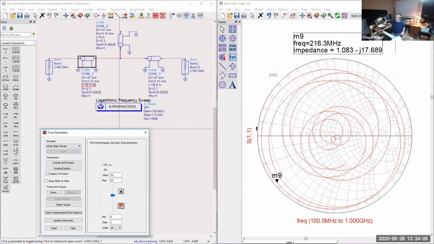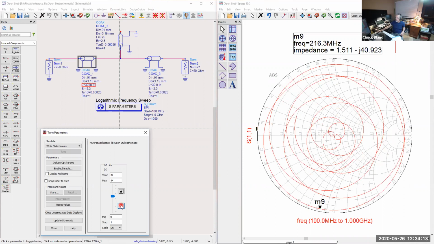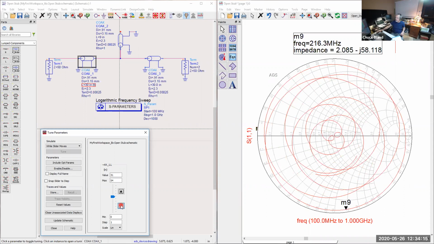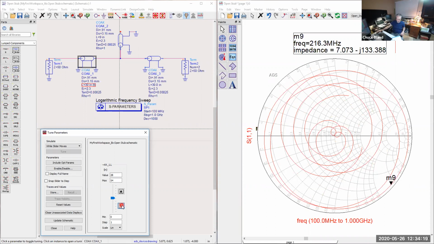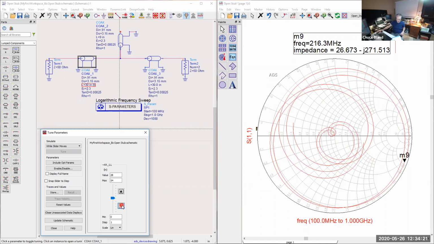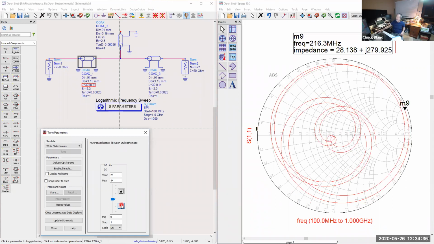Our reactance is going to be less than 0, and we can see on the marker that it certainly is. Until we get to the odd point, we're just barely in there because we're capacitive. If I were to move it one more time, we flip into the inductive side.